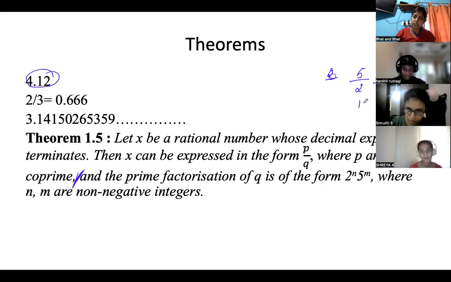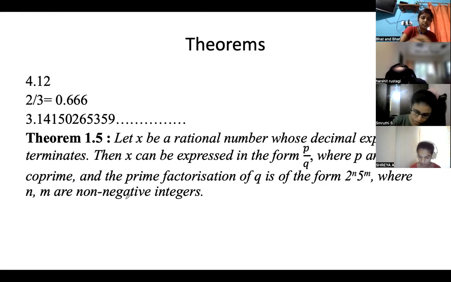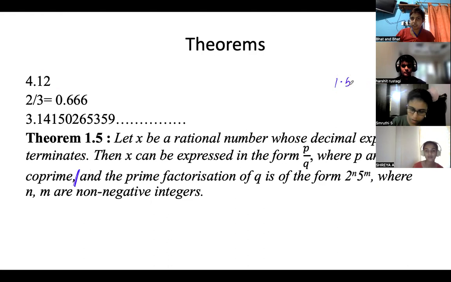Now, if I ask you 1.5, and ask you whether it is a rational number or an irrational number, you know why. It is a terminating decimal, correct?